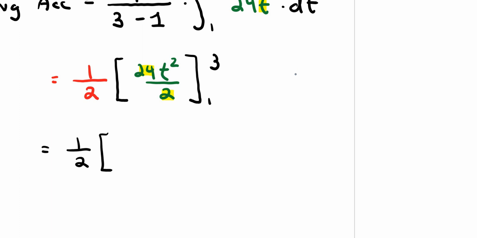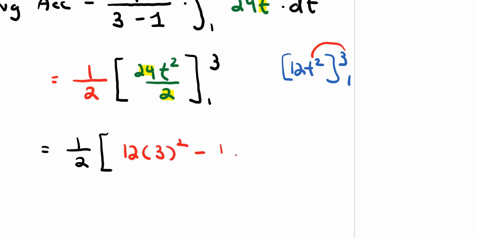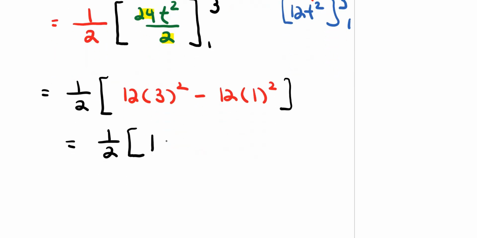So now I have 12t squared from 1 to 3, and all we do is plug in the 3. This will be 12 bracket 3 squared minus 12 bracket 1 squared. If we go to our calculator, this will be 1/2 times 108 minus 12, and that gives you 48.